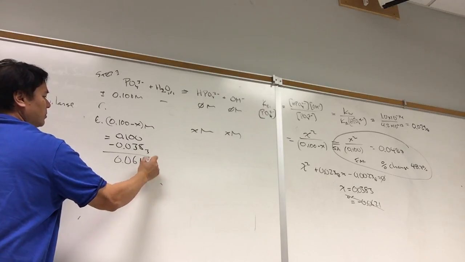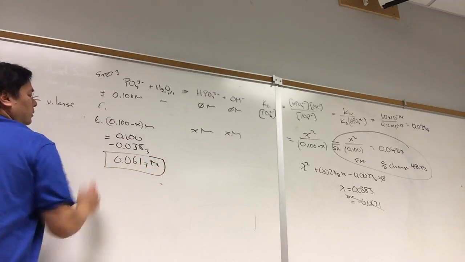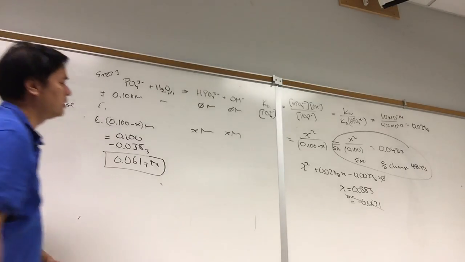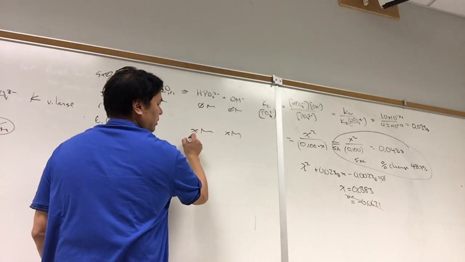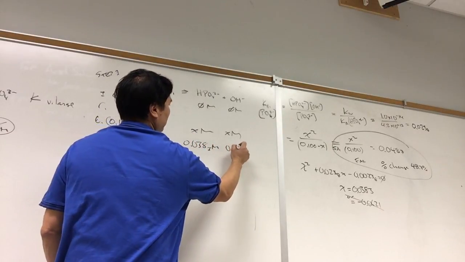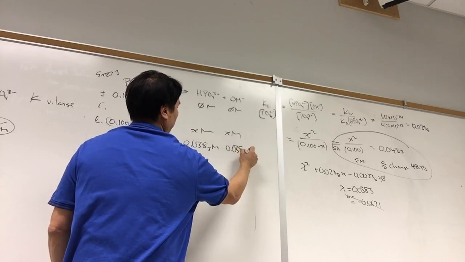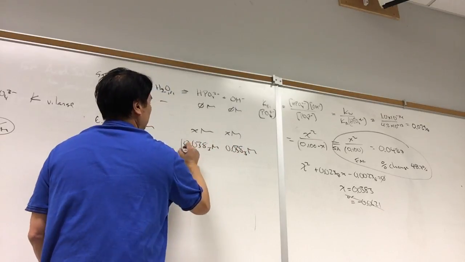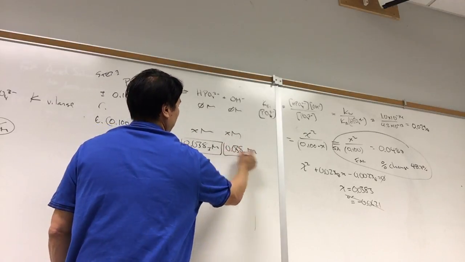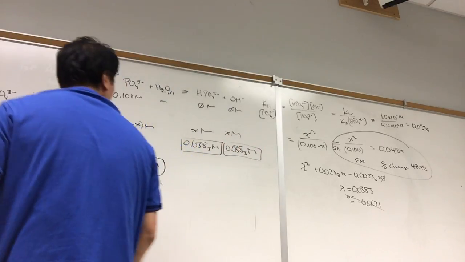Oops, but that's molarity here. So that's the phosphate. We hydrolyzed quite a bit of that. Over here, we're going to get 0.0383 molar, 0.0383 molar here. This is for the monohydrogen phosphate. This is for hydroxide here.